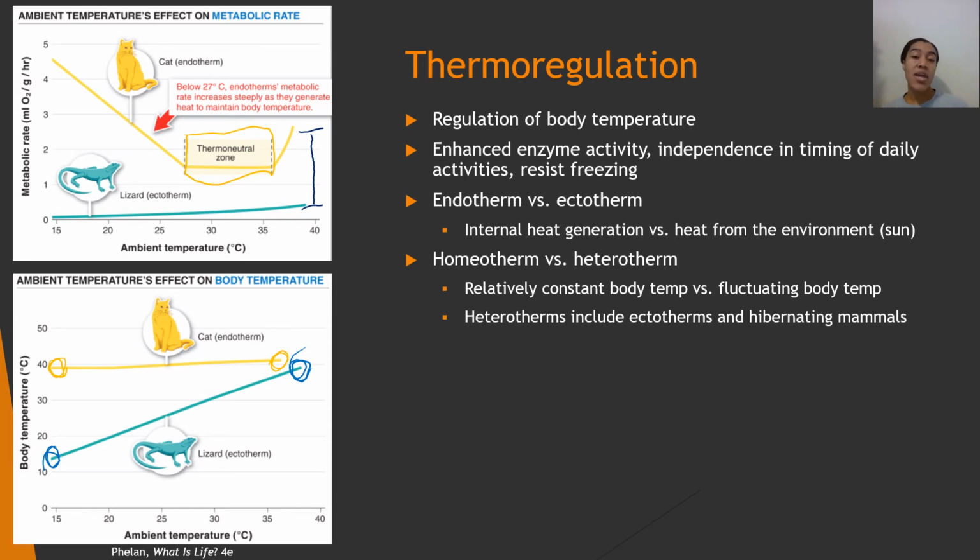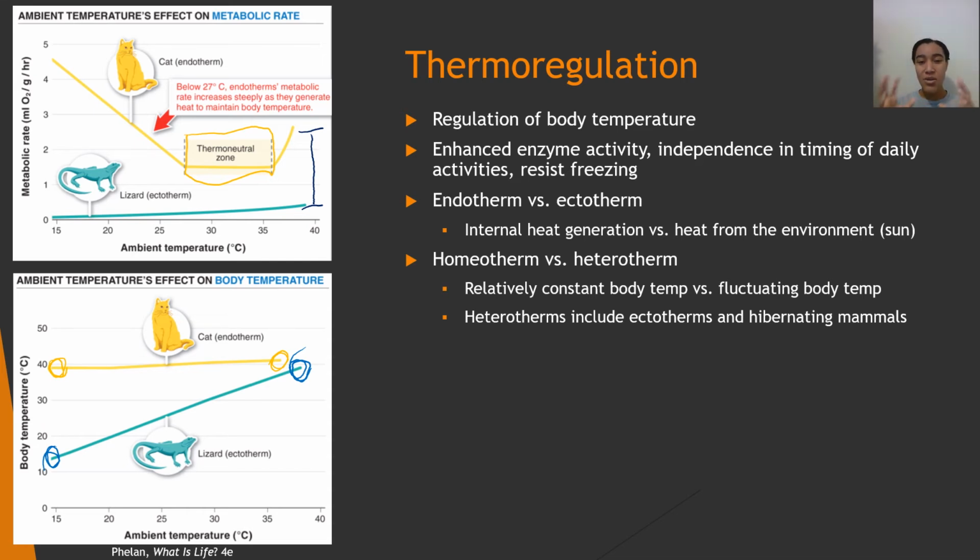So a hibernating mammal would be a heterothermic endotherm. But a non-hibernating mammal like you and me or cats and dogs would be a homeothermic endotherm. And something like a lizard or a turtle would be a heterothermic ectotherm.